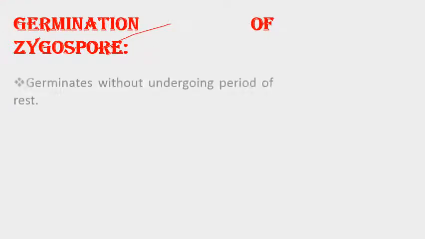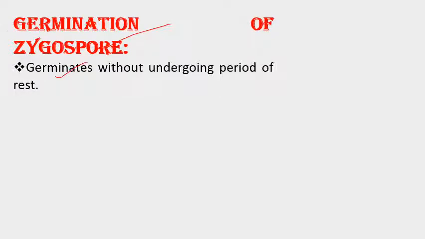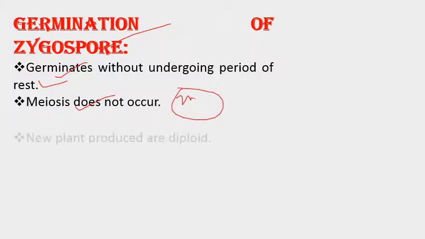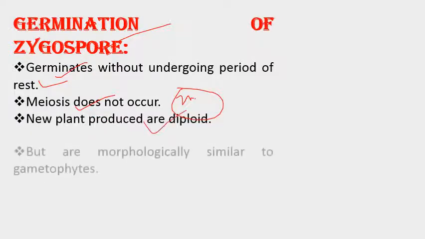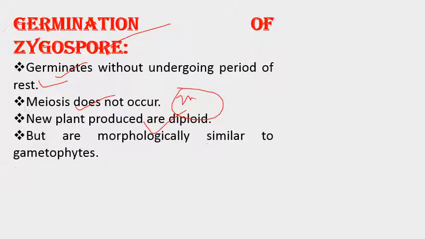The next is germination of zygospore. Zygospore is formed as a result of fusion of male and female gamete. So it germinates without undergoing a period of rest. So it germinates immediately after its formation. So meiosis does not occur. It means it results in the formation of a diploid plant. So the new plant produced is diploid, but morphologically similar to the gametophyte.